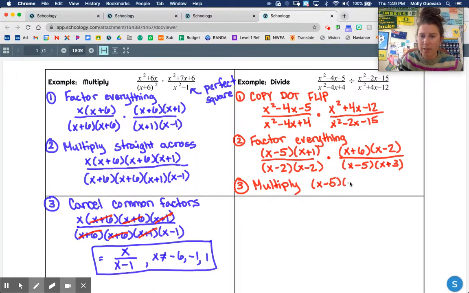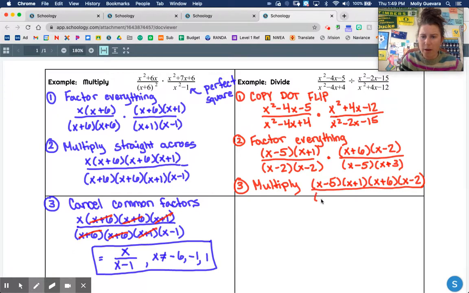Okay, so I have x minus 5, x plus 1, and then x plus 6, x minus 2. So those are all of my factors on the top of the fraction.